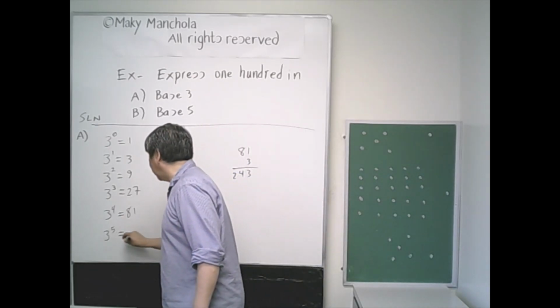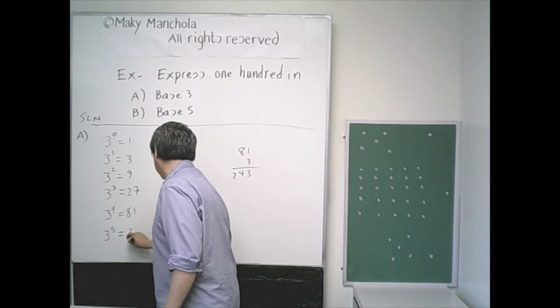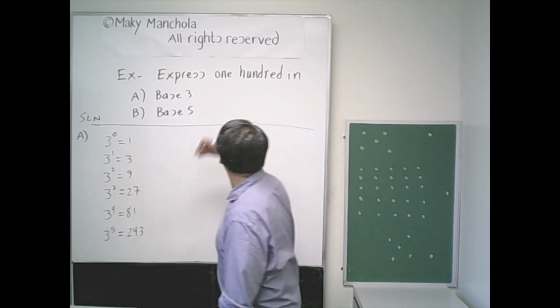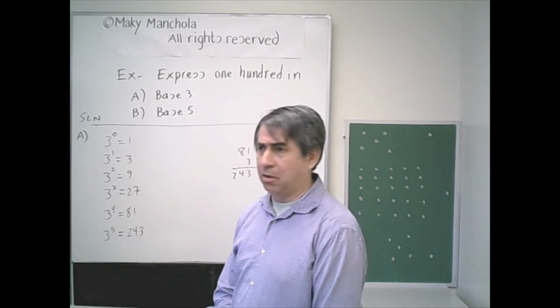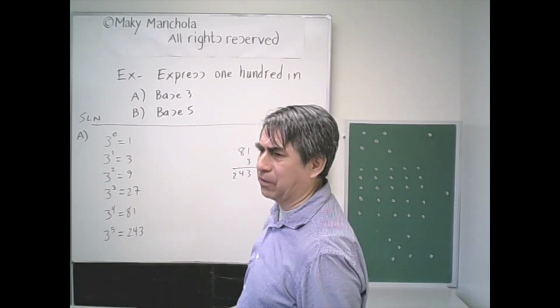We don't need to use 3 to the 5 in our expansion because 243 has exceeded 100, so its coefficient will have to be 0, but I don't want to write my first coefficient as a 0.